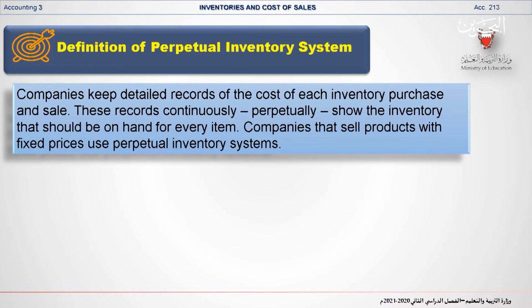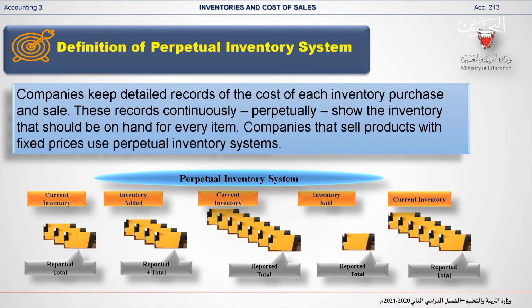So, what does the perpetual system mean and how is it different compared with the periodic system? Businesses using a perpetual inventory system take a physical inventory count in real time, which means at the same time of transaction. For example, a grocery store.